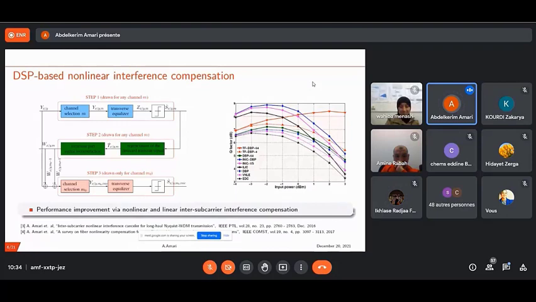Hence, in the case of digital subcarrier multiplexing systems, which have also become a commercial technique, it's used to improve the performance and to overcome the bandwidth limitation of ADC and DAC.